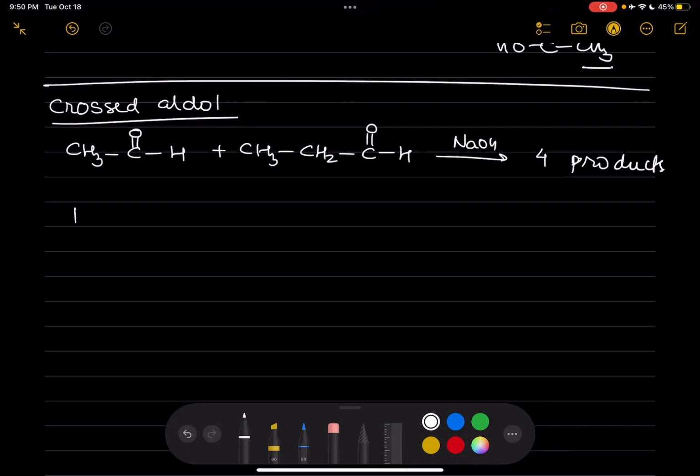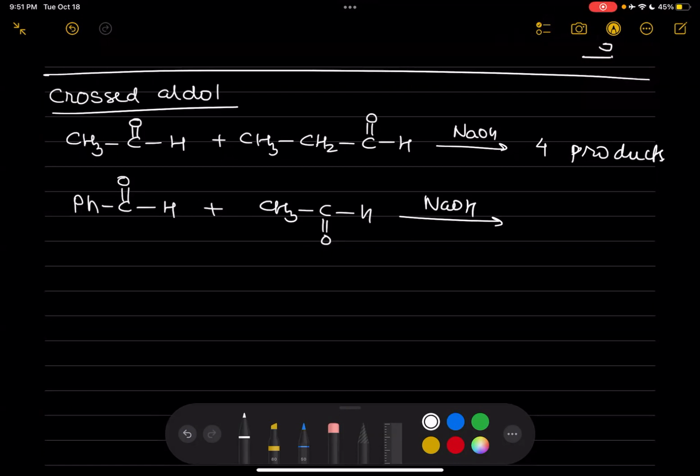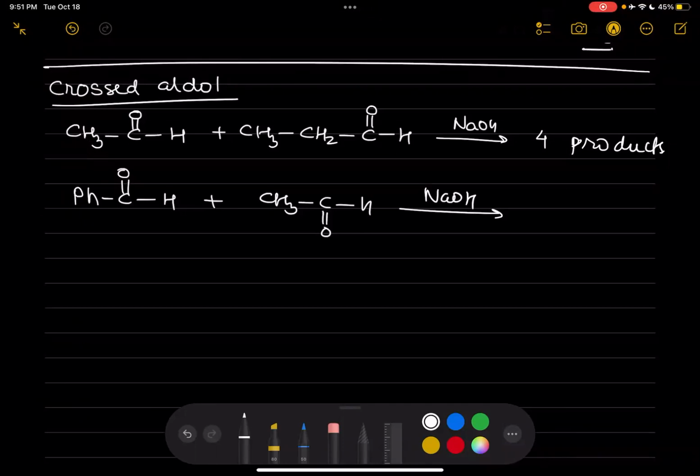And this is also crossed aldol. If you take benzaldehyde and acetaldehyde, what are you going to get? How many products with NaOH and heat?